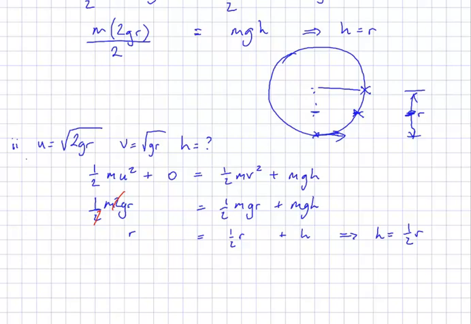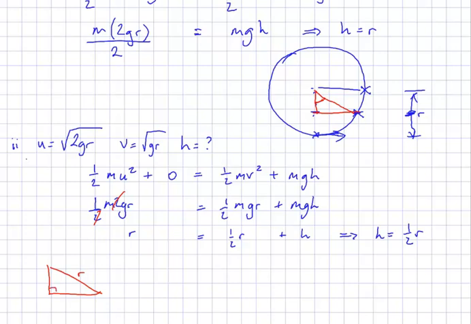I know the question doesn't ask this, but if you were asked to work out the angle with the vertical, it shouldn't take you too long to work out what it is. In this instance, we've got a radius of r, the hypotenuse.